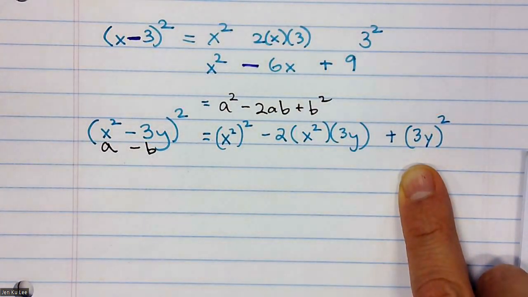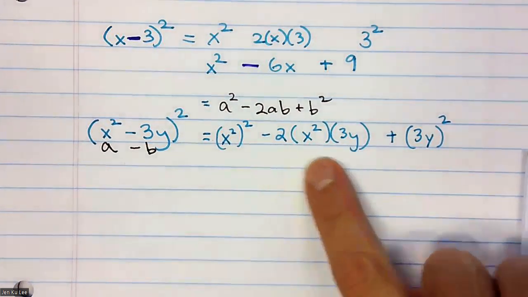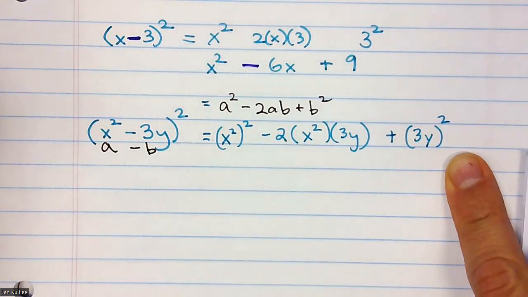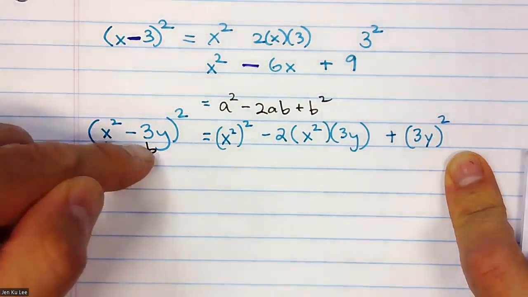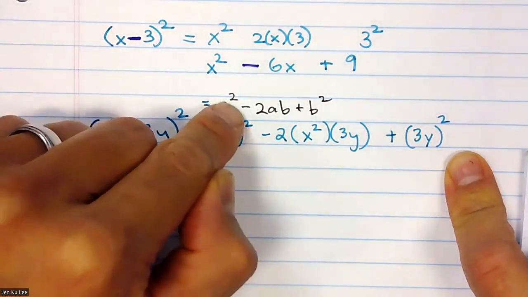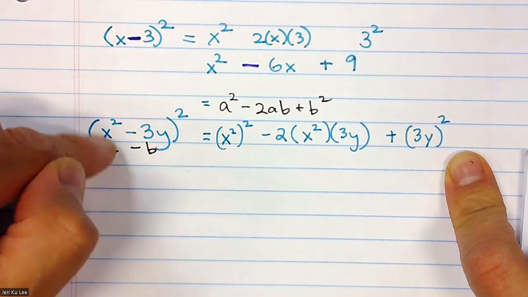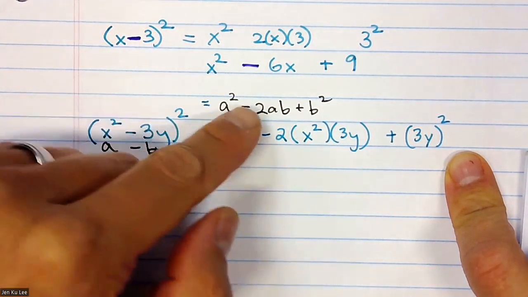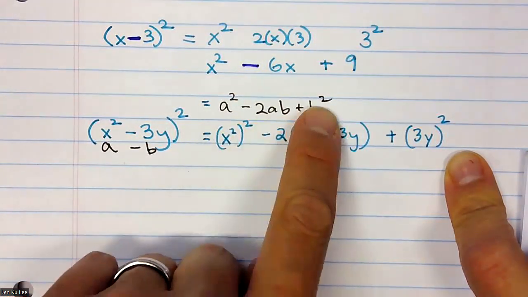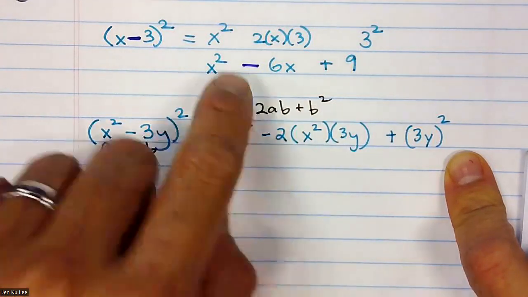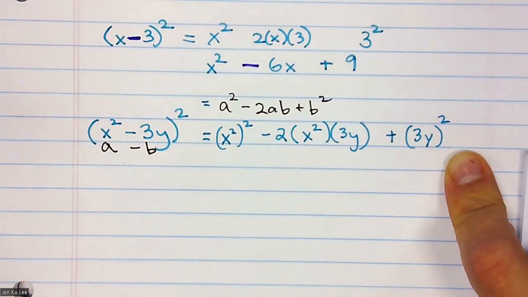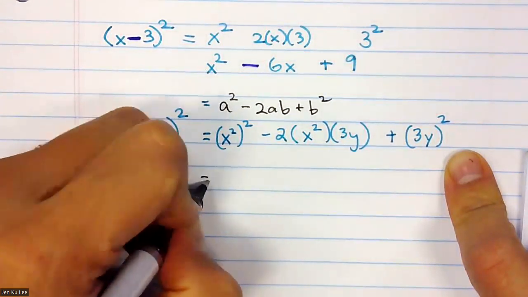Okay? I just copied it and pasted it, right? Got my a as x squared, got my b as 3y, and I just substituted a and b for x squared and 3y into here. Okay? And then just simplify it.